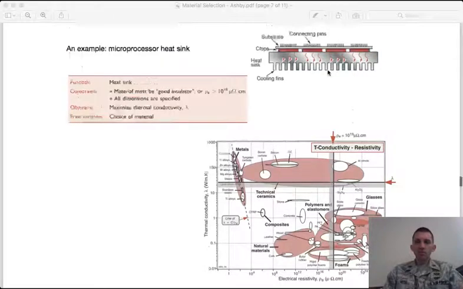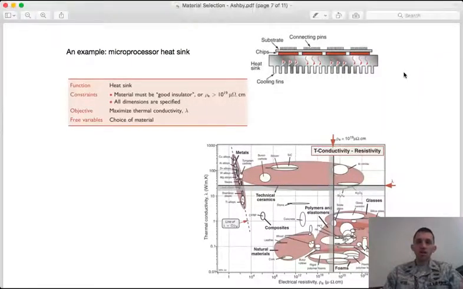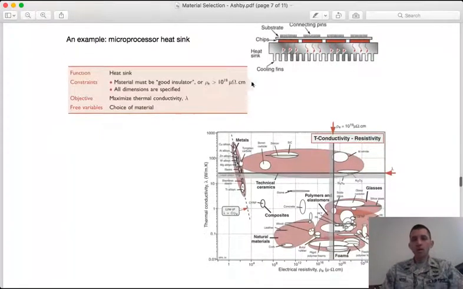And so this limits the material choices, just in the fact that some classes of materials are characterized by high electrical and thermal conductivity, but here we just want one or the other. And so we have a minimum value for electrical resistivity, and what we want to do is maximize the thermal conductivity, right?